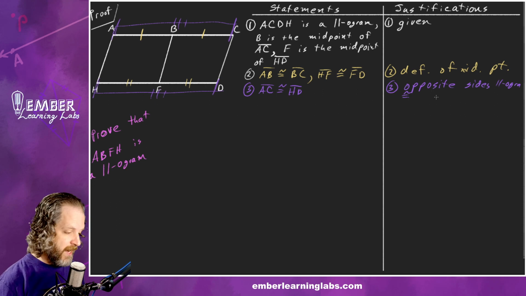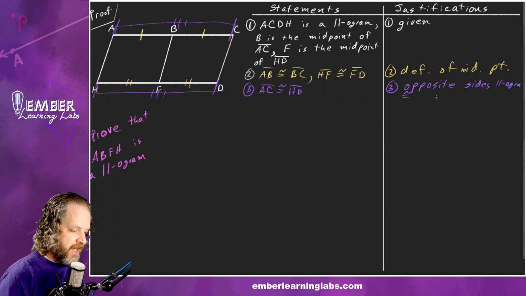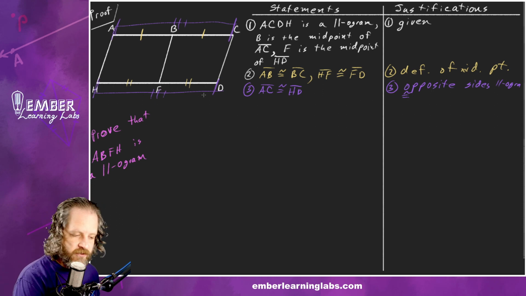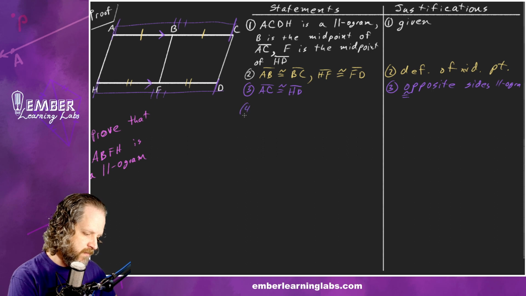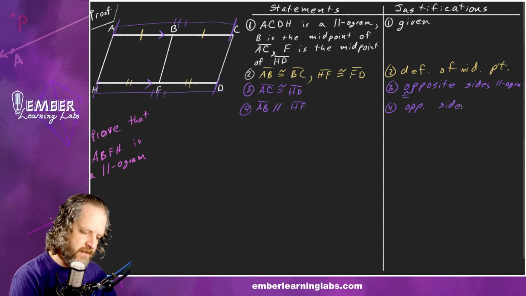No big dealio, right? Because it's useful, because of the same part of the given, I may as well go ahead and say that AB is parallel to HF because opposite sides of a parallelogram are parallel.